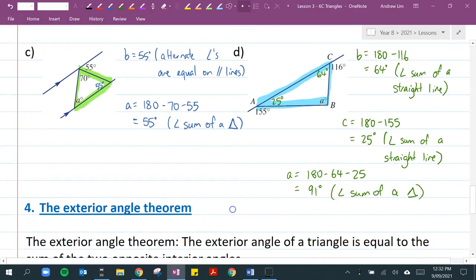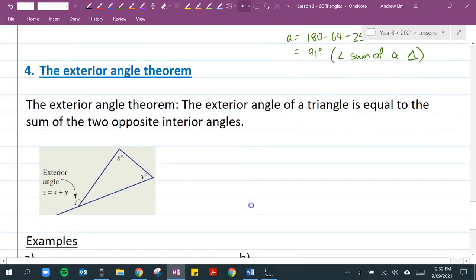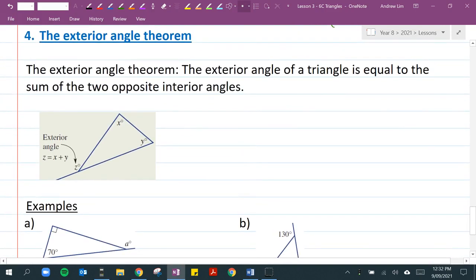Okay, let's have a look at the last part of this lesson, which is looking at the exterior angle theorem. Now, the exterior angle theorem states that the exterior angle of a triangle is equal to the sum of the two opposite interior angles. So here's an example. This Z here, if I want to know how big this angle is, all I can do is just add these two. Always the ones that are opposite.